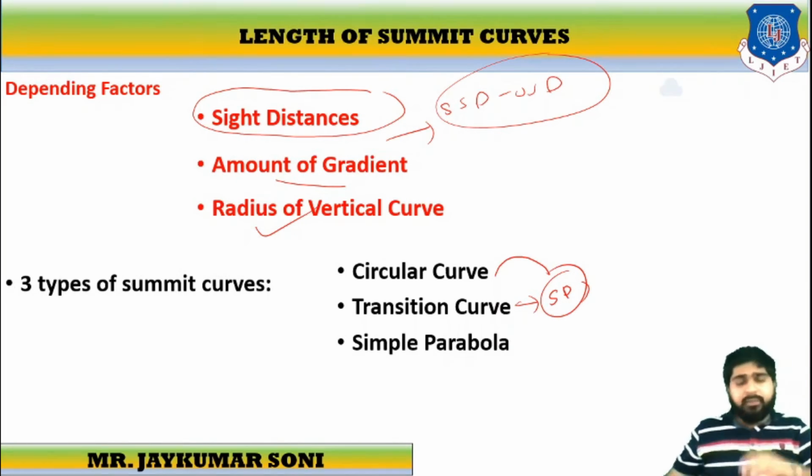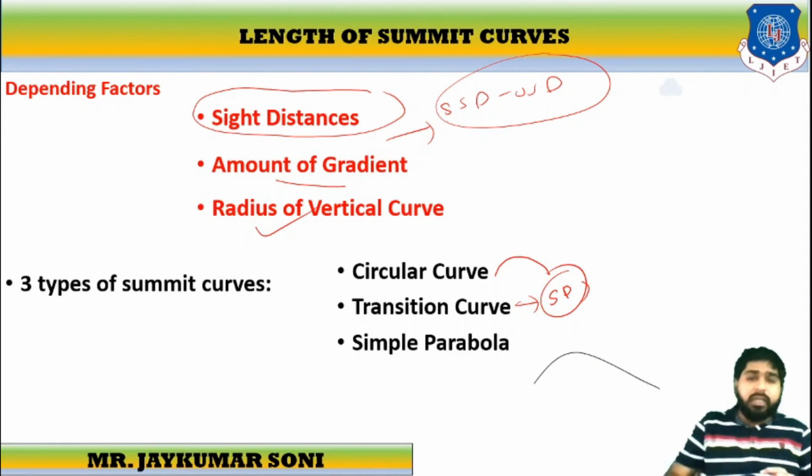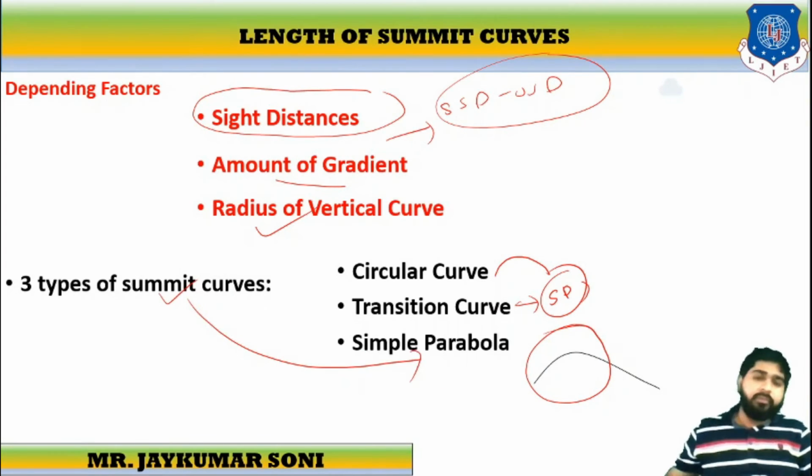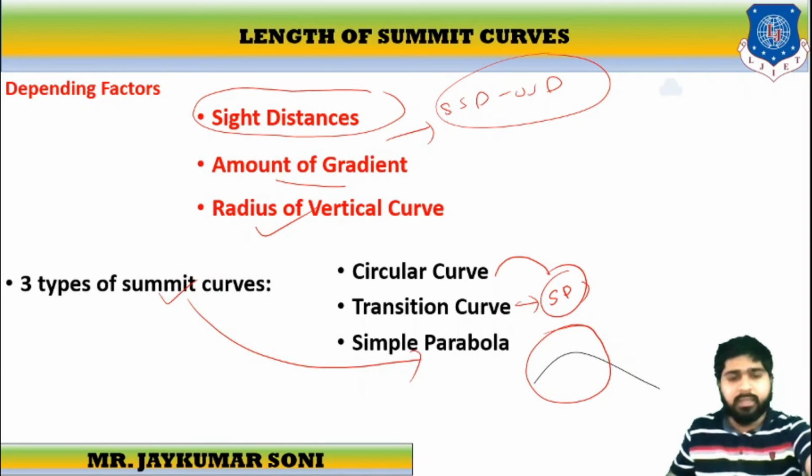So majorly a circular curve or simple parabola is provided, but mostly the simple parabola is provided whenever we are discussing the summit curve. Fine. So it is about this.